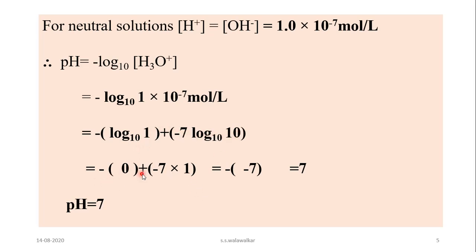So minus [0 plus minus 7] is equal to minus minus 7, that is 7. So the pH of a neutral solution is 7. Like that you can calculate the pH of any solution by substituting the value of hydrogen ion concentration in this formula.